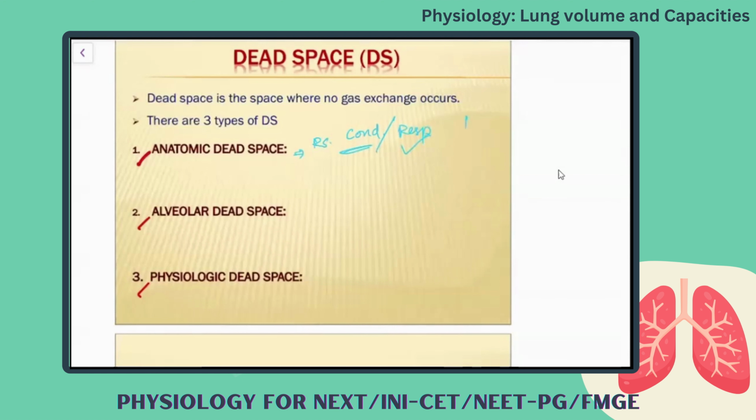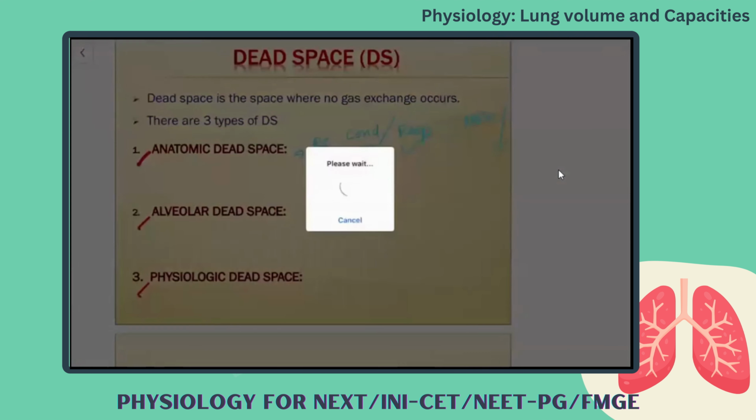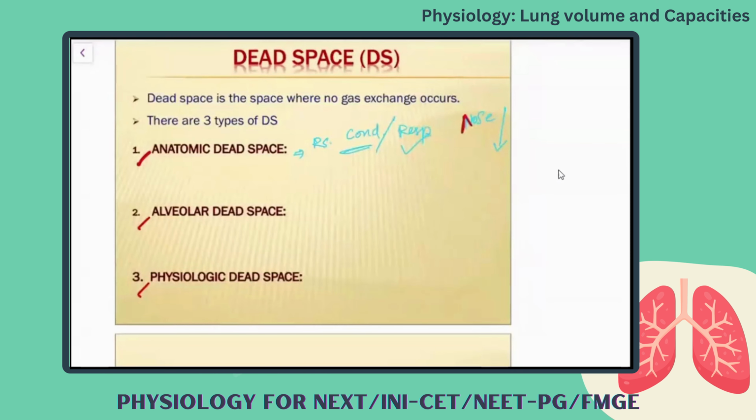So from the nose till the 16th division of the tracheobronchial division, the structures in the respiratory tract, the nose, pharynx, larynx, then trachea and tracheobronchial divisions up to the 16th division, are the anatomical structures involved in the respiratory system where no gas exchange takes place.